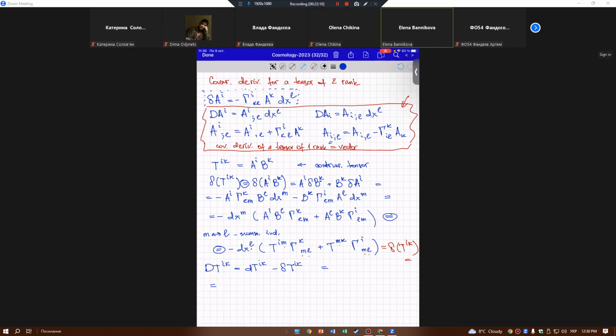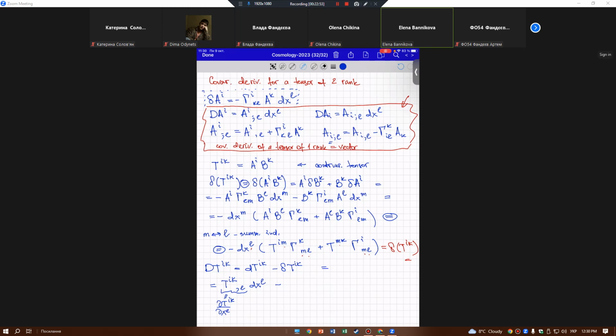This is T^ik normal derivative with respect to x^l times dx^l. This is just through mathematical analysis, to explain that this is dT^ik over dx^l, so we choose this writing using the comma, and minus with all these beautiful things which we have.